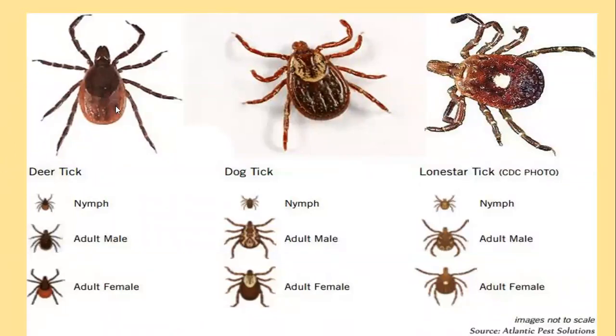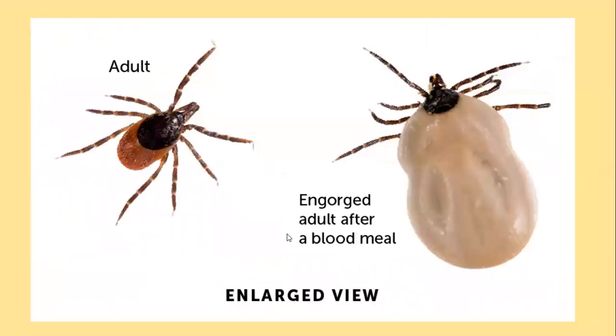This is a deer tick, this is a dog tick, and this is a Lone Star tick, and these are the further shapes of the nymph and adult male and female. So this is the normal shape of a tick, and this is the shape once the tick has taken a blood meal and its abdomen is distended by the engorged blood meal.